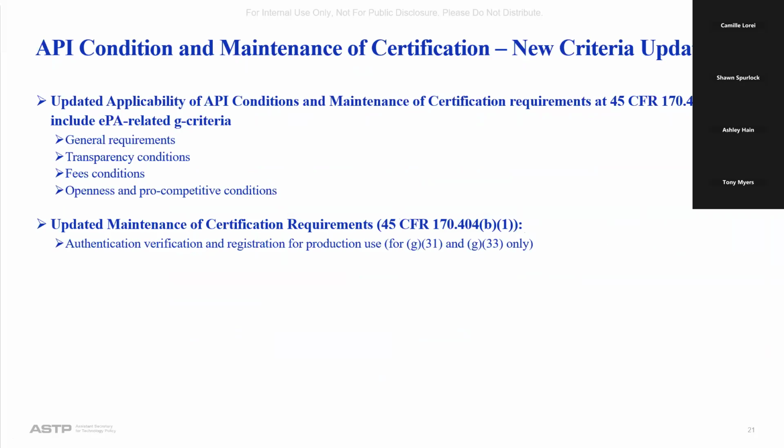You have to follow the general requirements of the condition, the transparency, fees, and openness and pro-competitive conditions for G criteria at G31, 32, and 33. And then on the maintenance of certification requirements, we have authentication, verification, and registration for production use requirements, and those only pertain to G31 and 33.